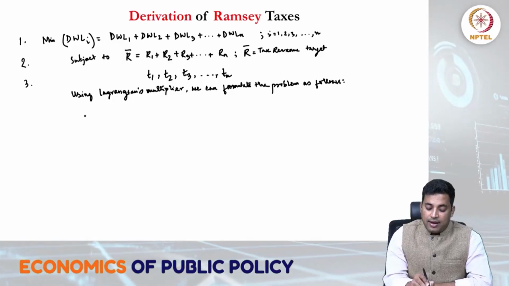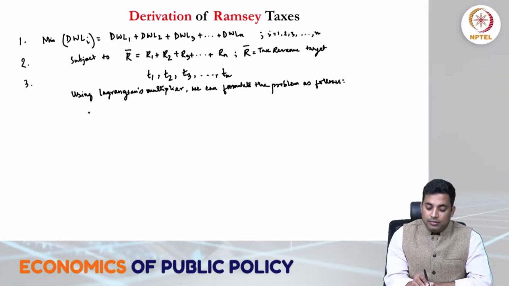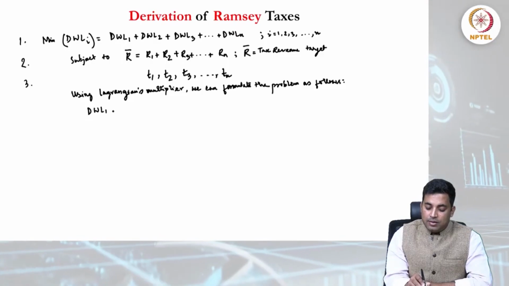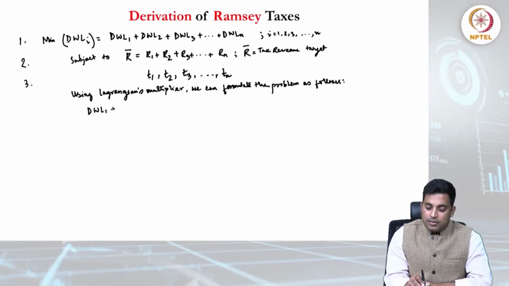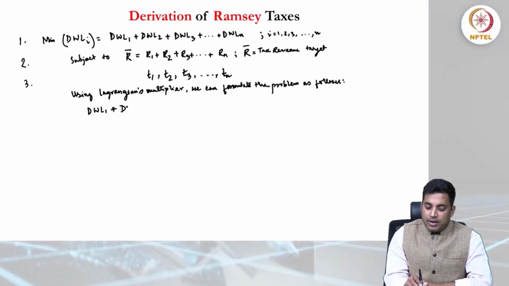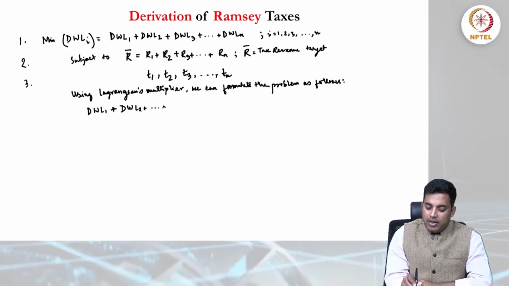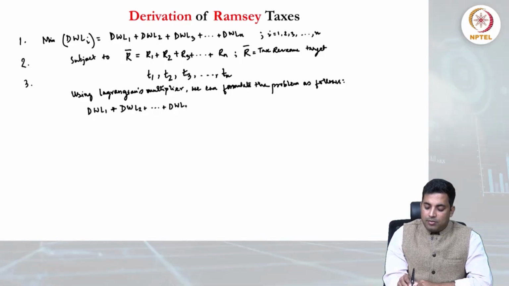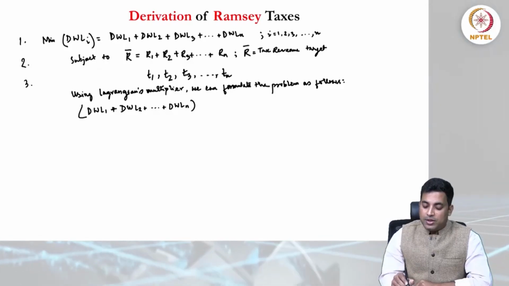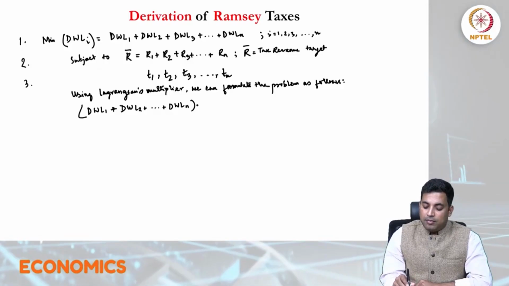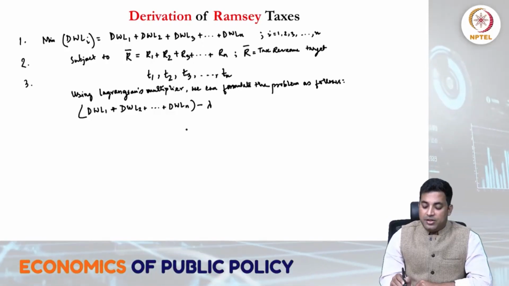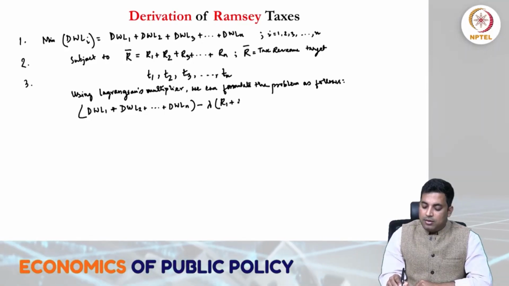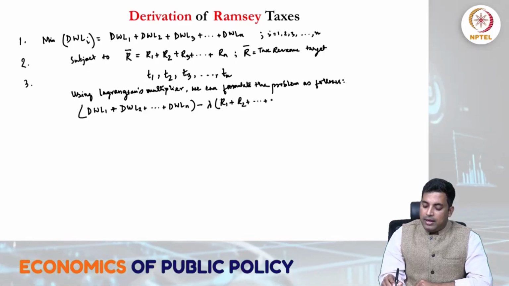We can say the total deadweight loss for the n number of populations, minus lambda, where lambda is the Lagrangian multiplier, times R1 plus R2 and so on.